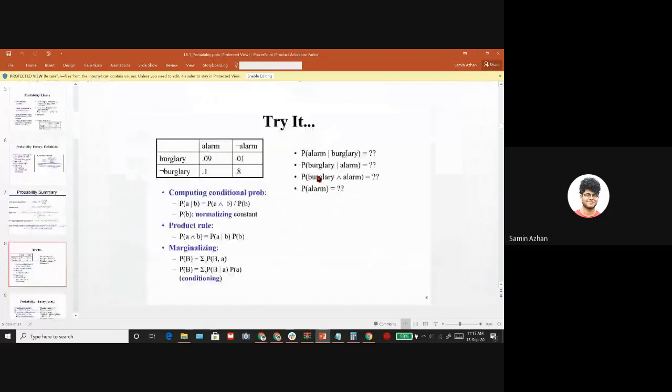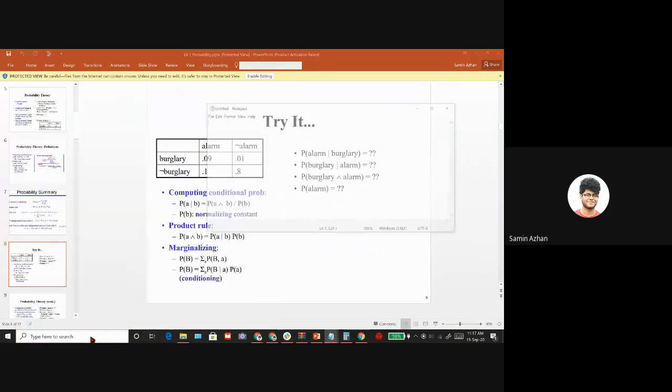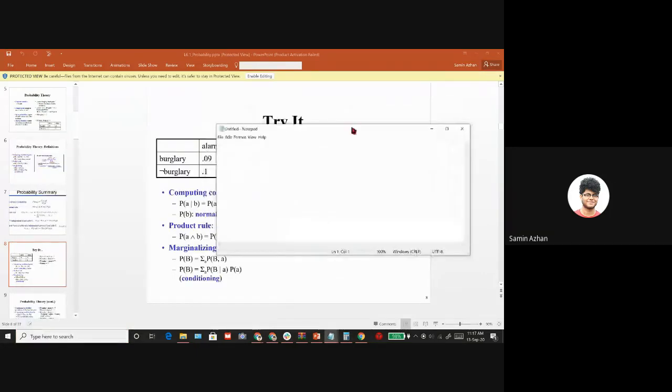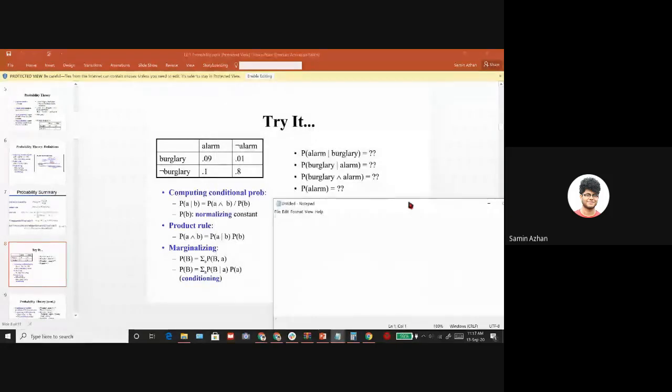Let's look at an example. Let's try to calculate these values by ourselves. Again, if you have any questions, feel free to interrupt. So, in this table, what can we see?